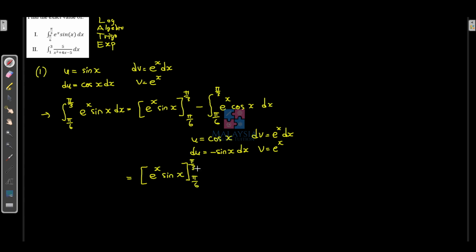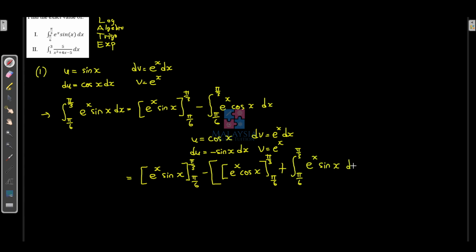Then we have minus, and we open a big bracket: uv, which means e to the power of x cos x, from pi over 6 to pi over 3, and then minus v du. But remember, you have a negative here already, so the minus will become plus. Plus the integral from pi over 6 to pi over 3 of e to the power of x sine x dx.